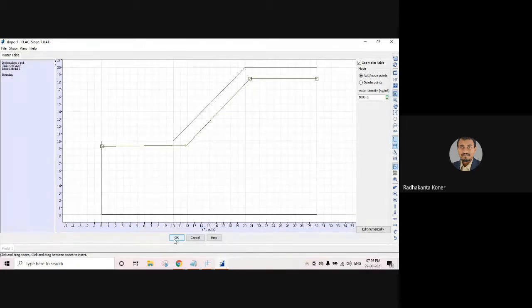So for those who will use the phreatic line, pore water pressure, groundwater table, whatever, my warning to all of you is that before you consider any profile of a groundwater or phreatic line, ensure that your data is actually representing the field condition, because FLAC will calculate within a few minutes once you give the water table. There is no problem.